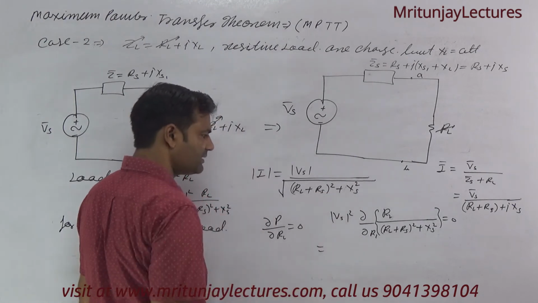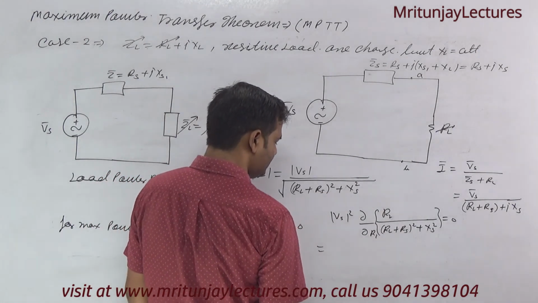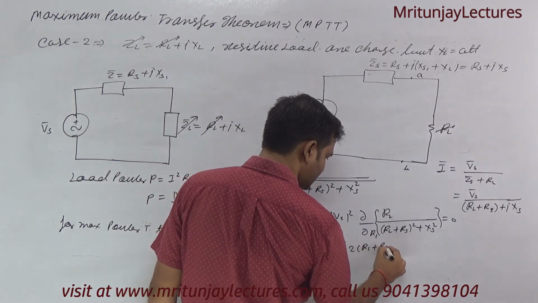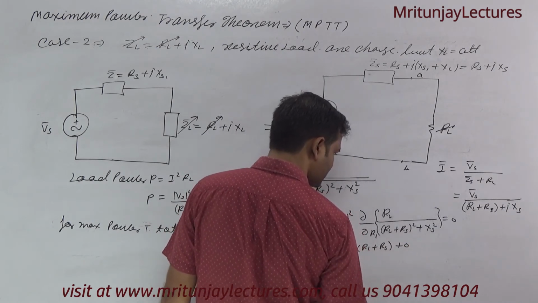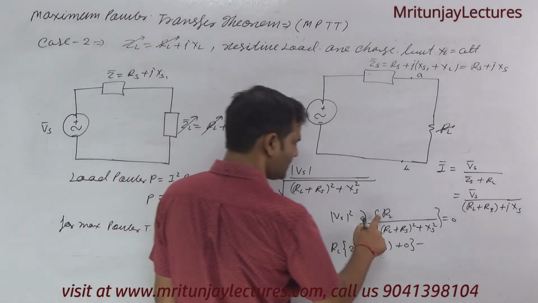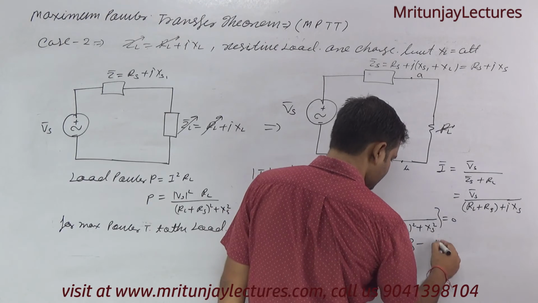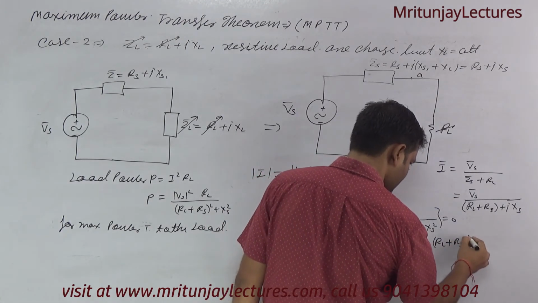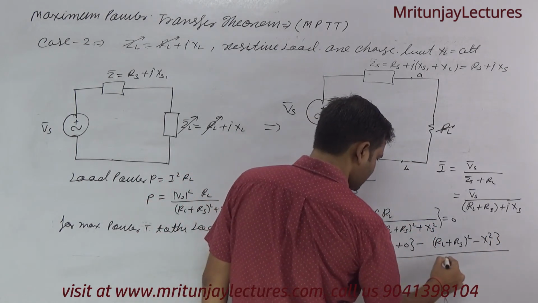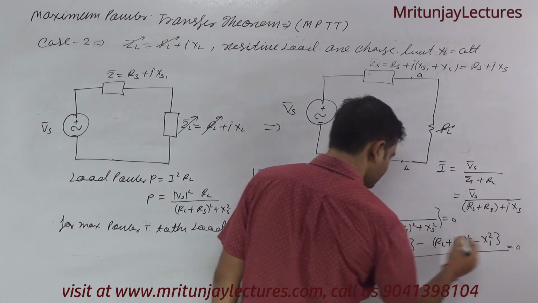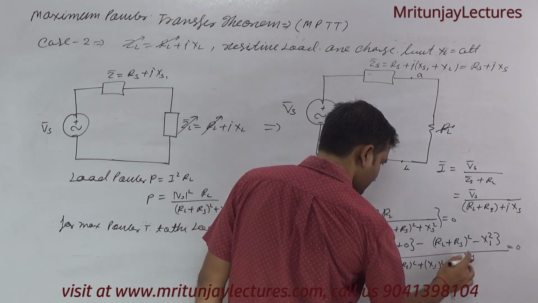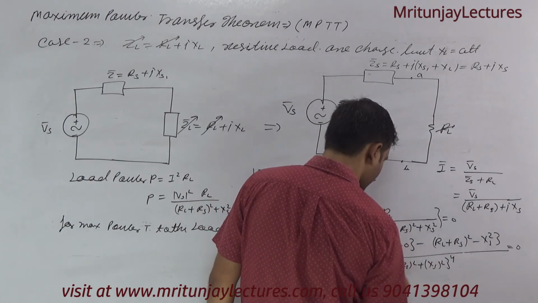Now if we differentiate this, we get RL into 2 times (RL plus RS) plus 0, minus the differentiation of the other term, which is 0, so simply (RL plus RS) squared minus S squared, divided by (RL plus RS) to the power 4, and this will be equal to 0, meaning (RL plus RS) squared plus S squared equals 4.